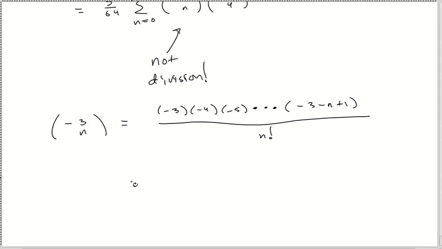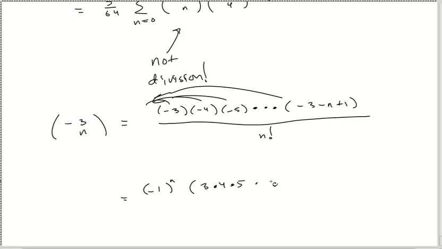Notice that there's a whole ton of negatives, so you can pull out a negative from each one of them. That's why it's negative 1 to the n power, not just negative 1. A whole bunch of them get pulled out, n amount, leaving you now with 3 times 4 times 5, which is so much easier.